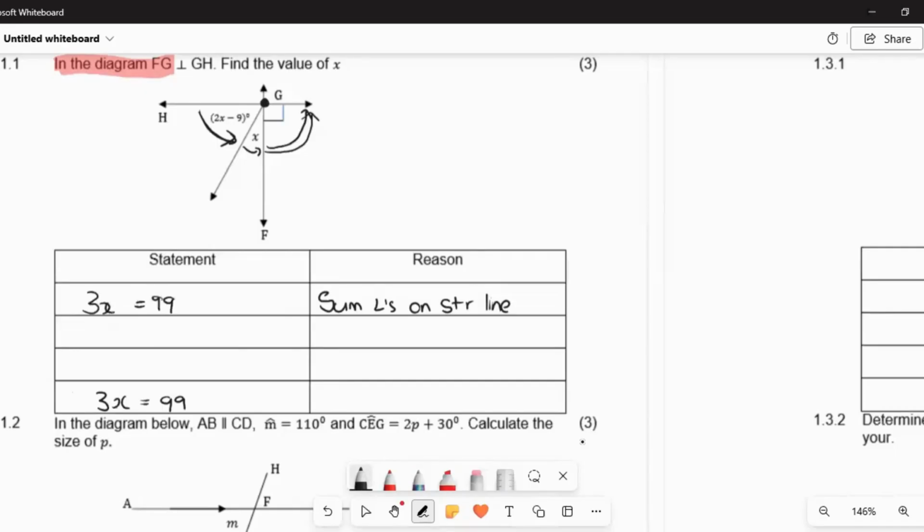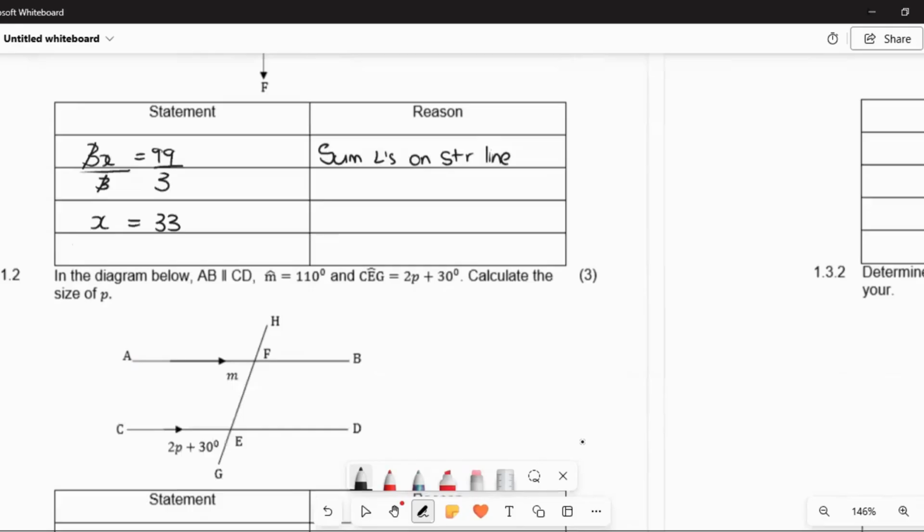And then we know that we divide both sides by 3, right? So when you divide them both by 3, this 3 cancels that one, then you're left with x. 99 divided by 3 is going to give us 33. So now we know our x is equals to 33, right? That's how we go about it.